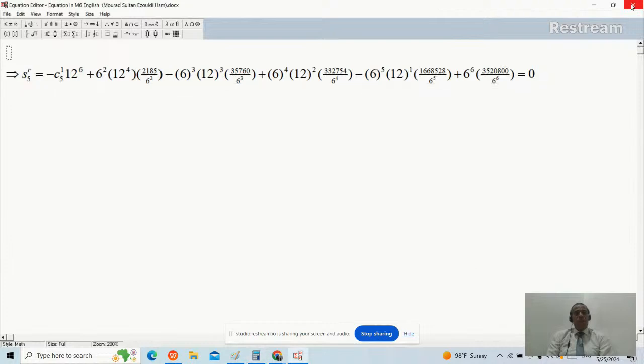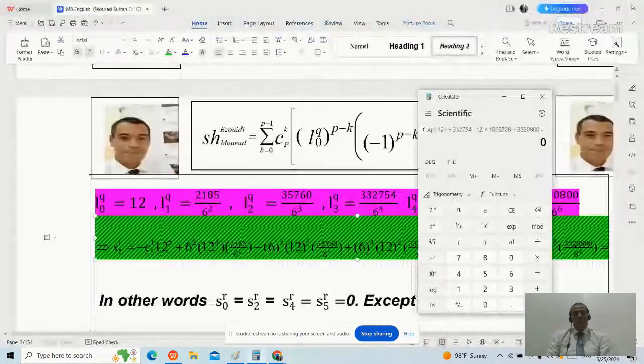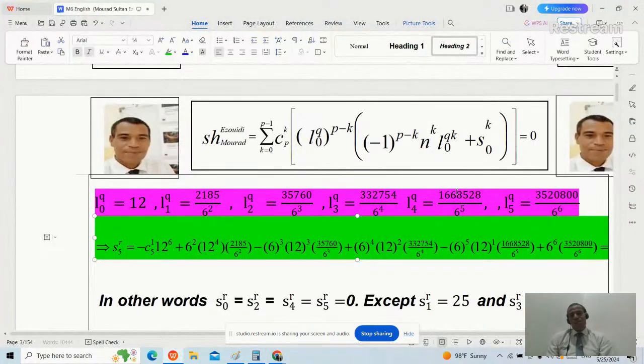Now learners, I will try to replace in the new polynomial that I will get, relative of course to S0, S1, S2, S3, S4, to continue solving my equation.